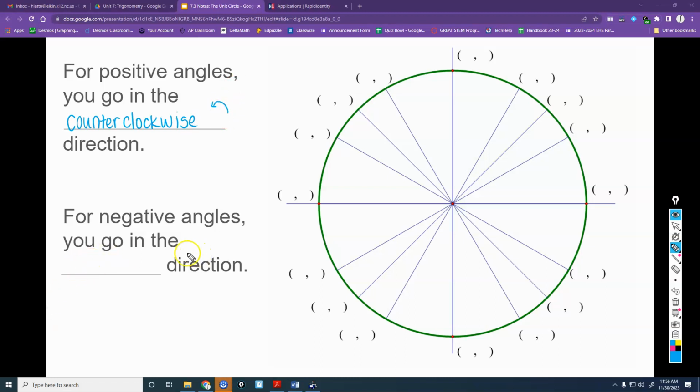And for negative angles, you're going to go the clockwise direction. So that would be like this. So what we learned with our coterminal angles and whatnot, that's still true for the unit circle. So that is going to apply to this stuff. So we'll fill that in.